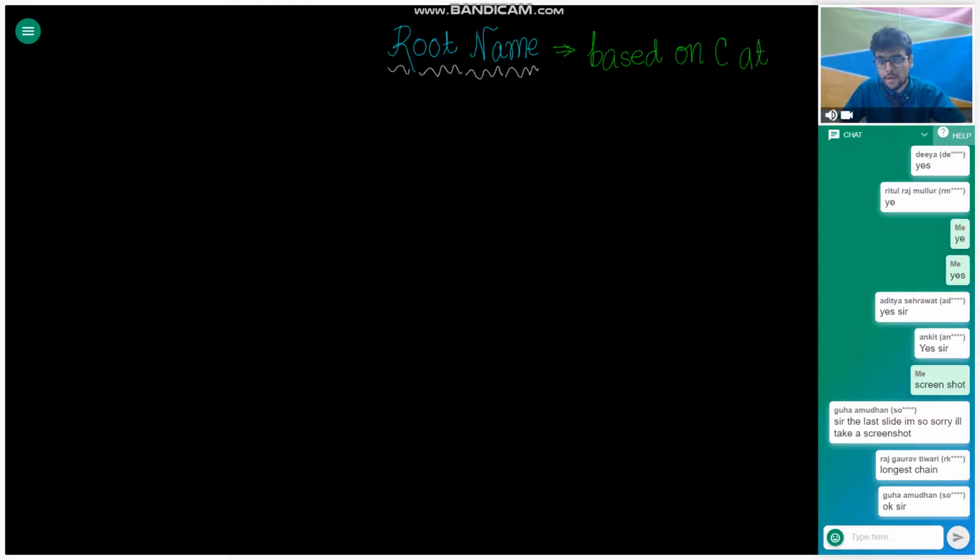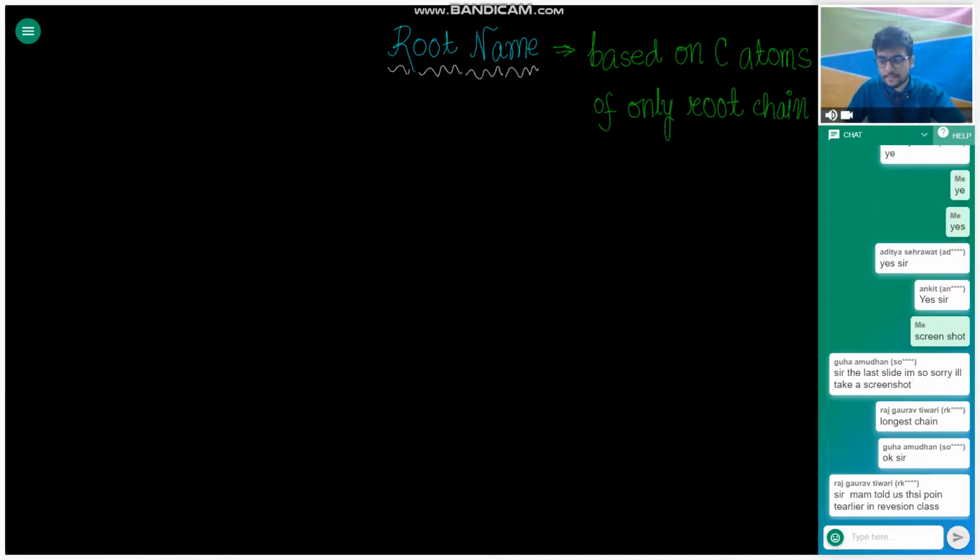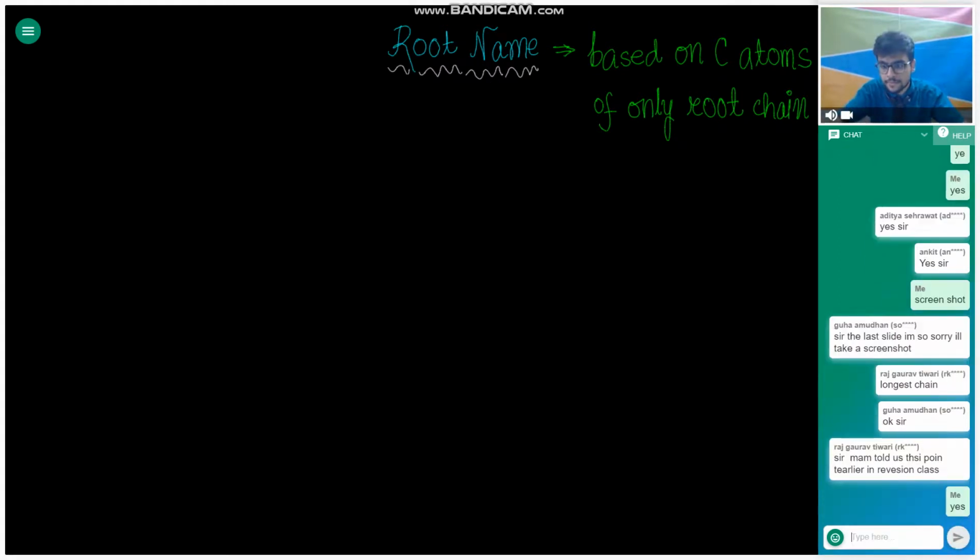Based on carbon atoms of only the parent chain or root chain. Okay, the main chain, the root chain. That is why the term root name is given. Okay, fantastic. Now it is very, very simple. Very good, Raj Gaurav.